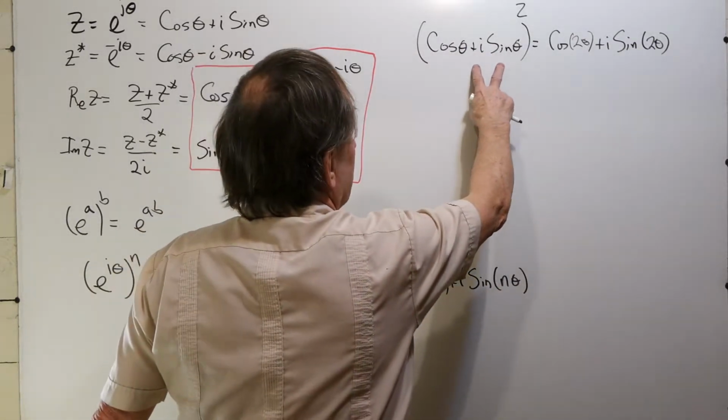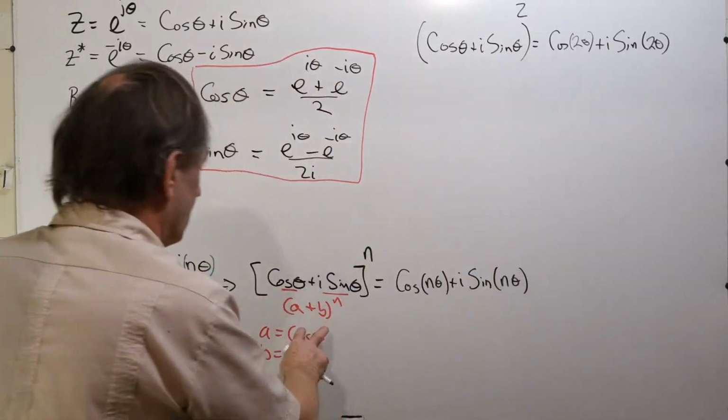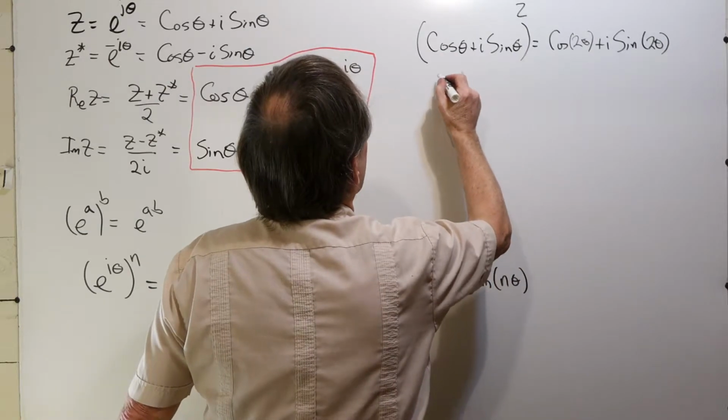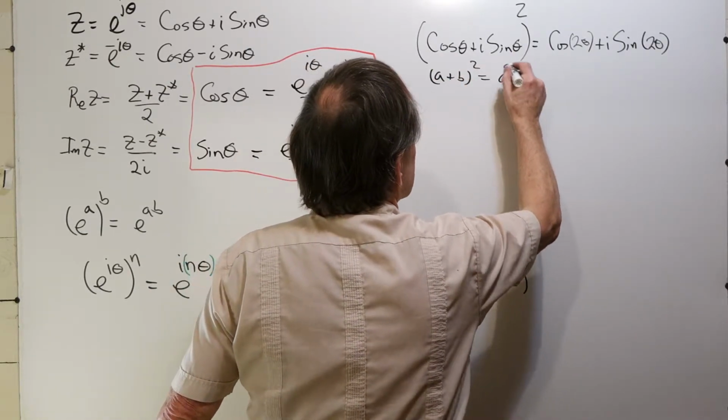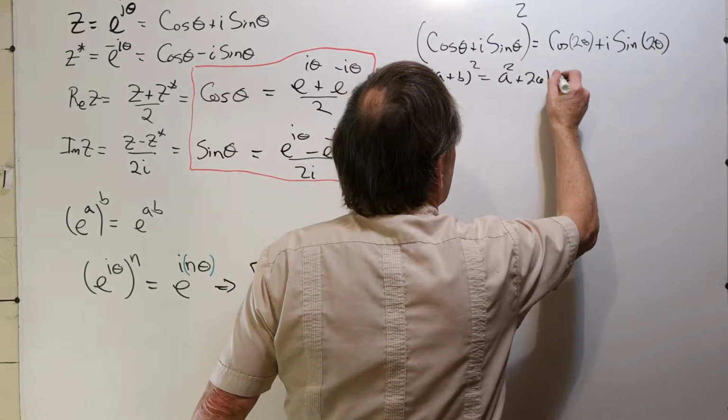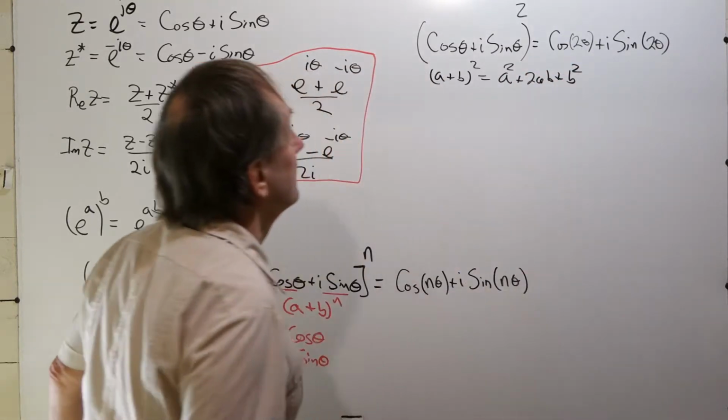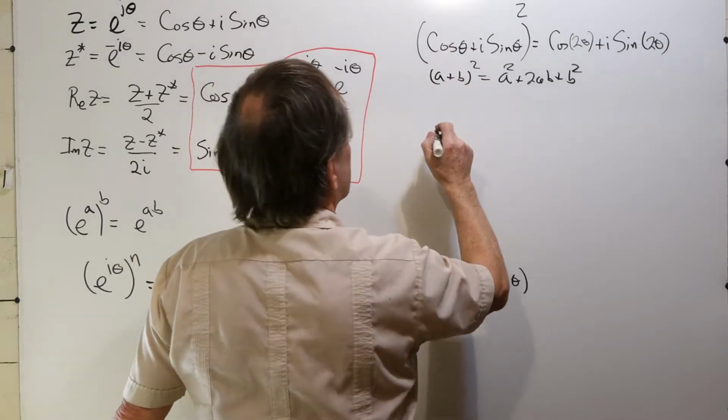Well, we can expand this out. This is a binomial of the form a plus b squared, which is a squared plus 2ab plus b squared. So we take the first term squared.